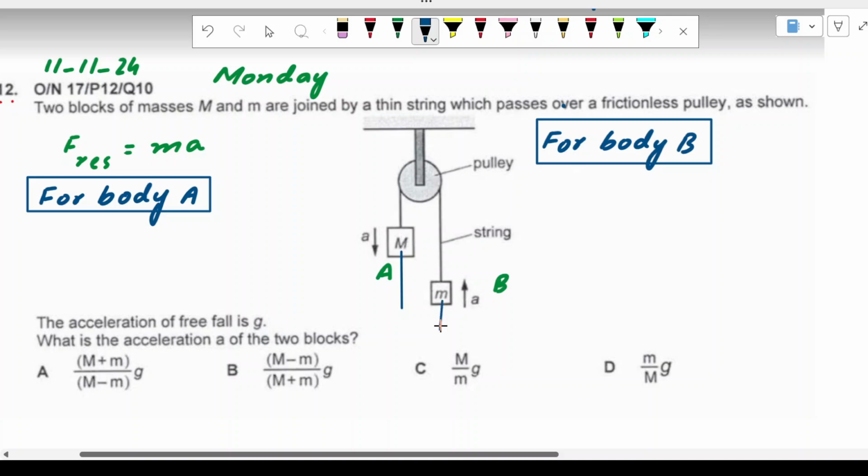And likewise, the weight of the other mass would be found by the same method. So vertically downward, and the weight would be mass times gravitational field strength. Mass times gravitational field strength for the other one also.